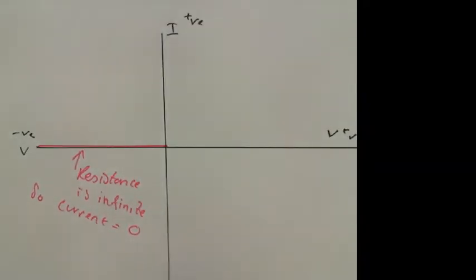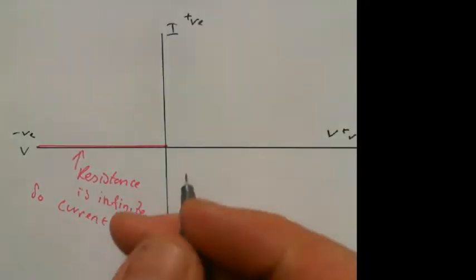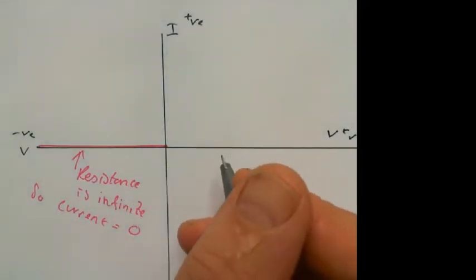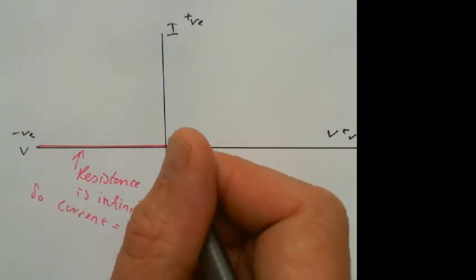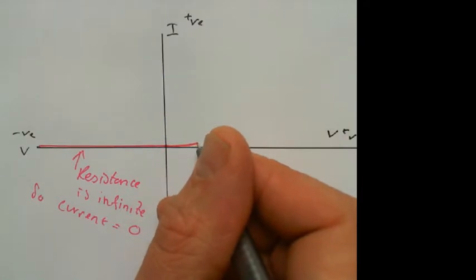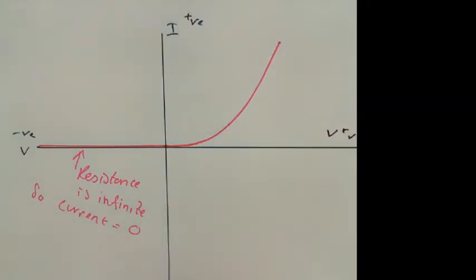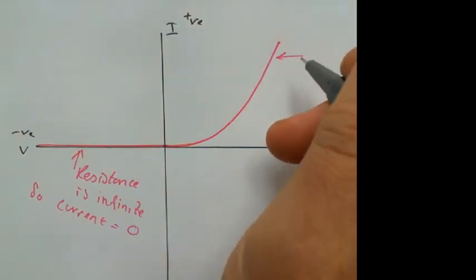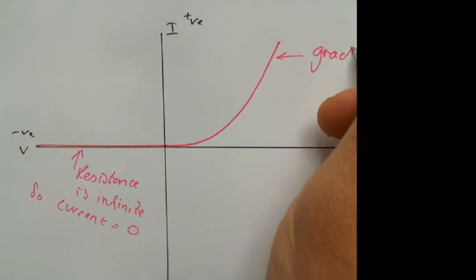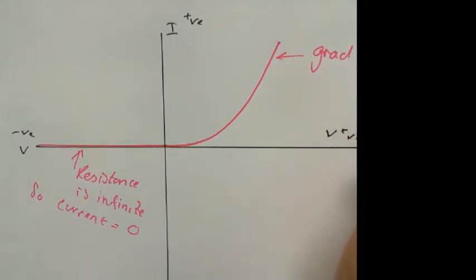Okay, now let's have a look at the positive direction. What happens next? Well, what happens is it doesn't go up straight away. Okay, so my graph looks like that. And as you can see, the gradient is increasing.